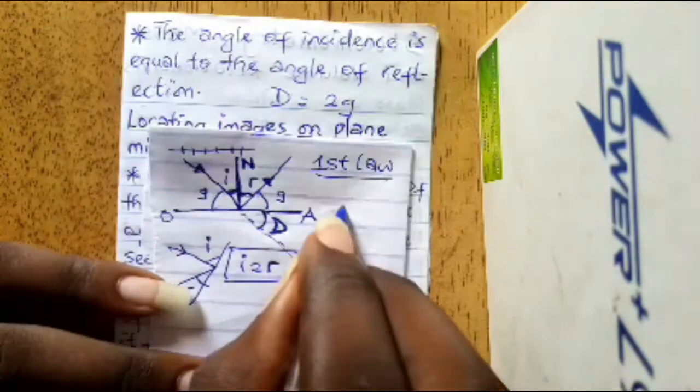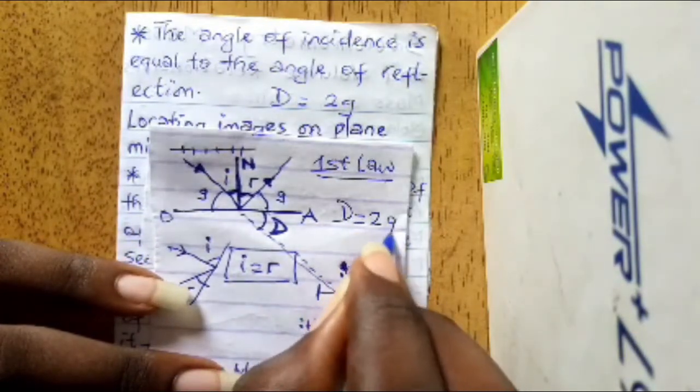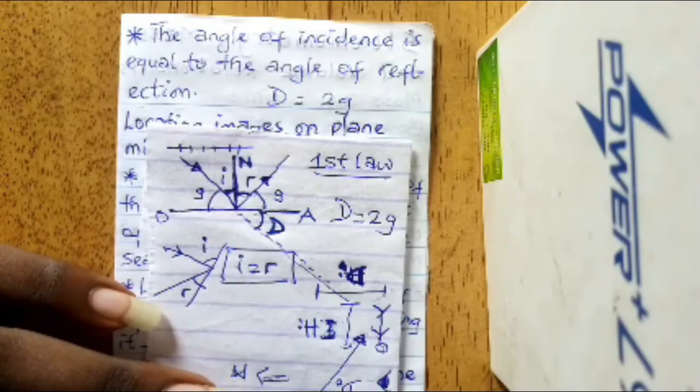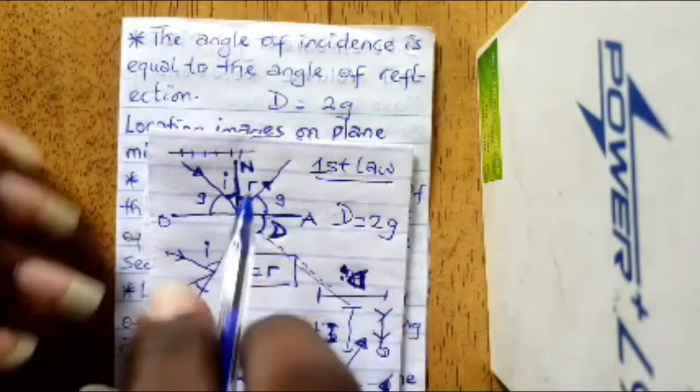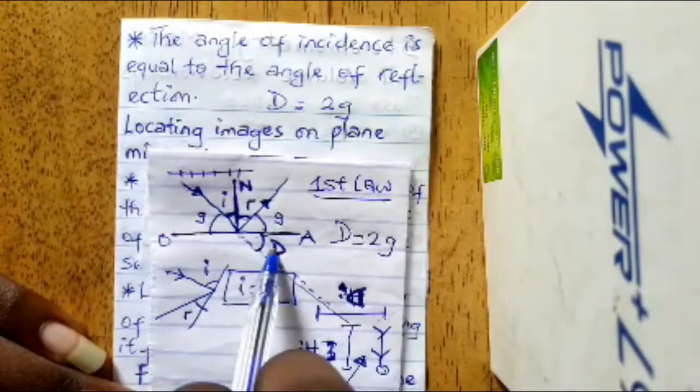Our angle of deviation is equal to 2G. This is the relationship between the angle of deviation and our angle of glance.